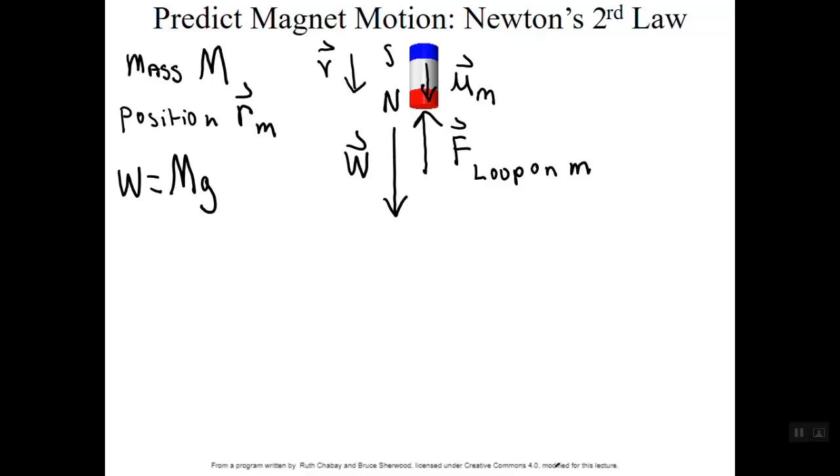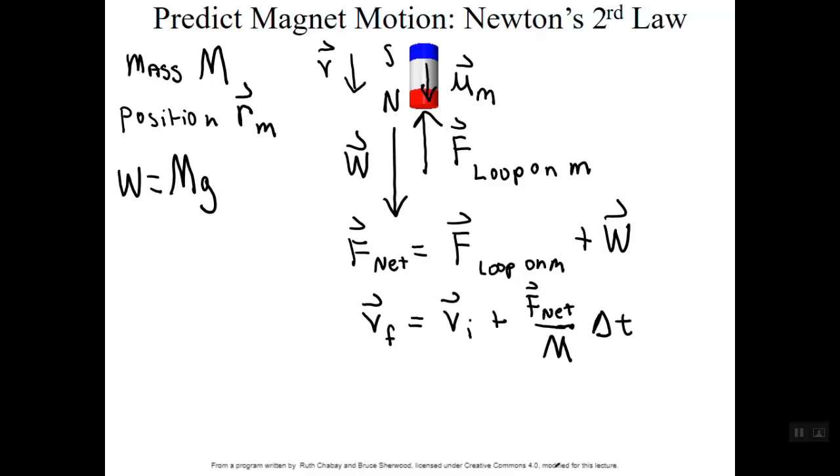So the total force, the net force on the magnet, ignoring air drag, is the sum of these two forces. Knowing this, we can predict the magnet's falling velocity, v final, a little later in time, delta t, starting from an initial velocity vector, v initial. This is just Newton's second law.